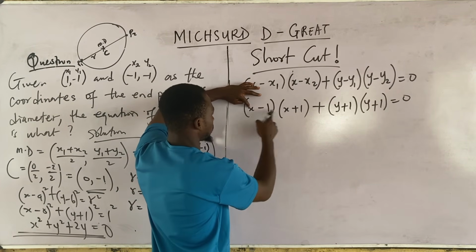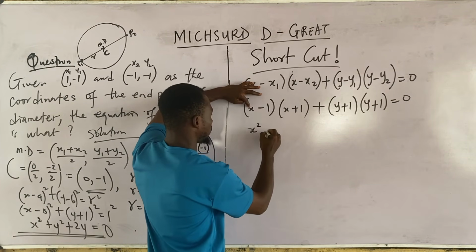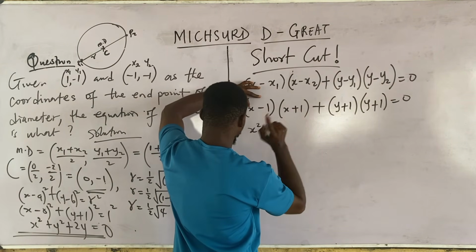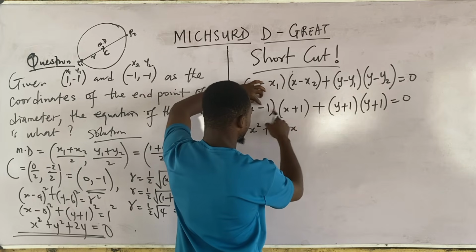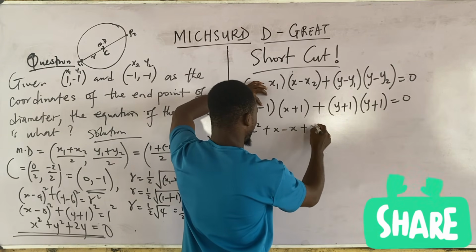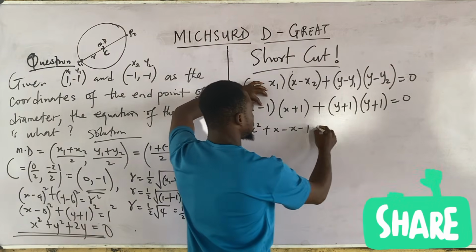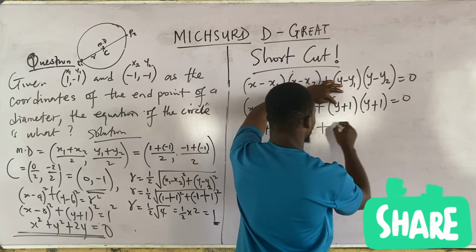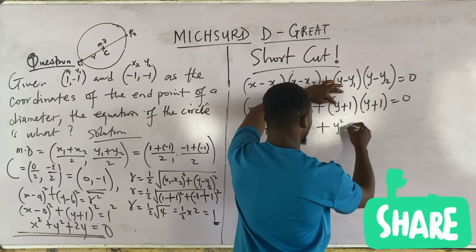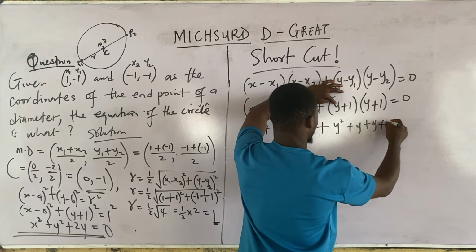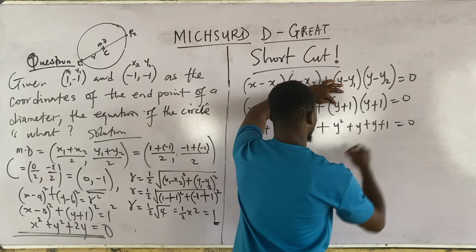So this will multiply through, you have x squared, and this will be x. This will multiply through, you'll be having minus x, this will multiply, you have plus minus 1. Then plus, here will multiply through, you have y squared, here will multiply, you have y, here will multiply through, you have y plus 1 equal to 0.